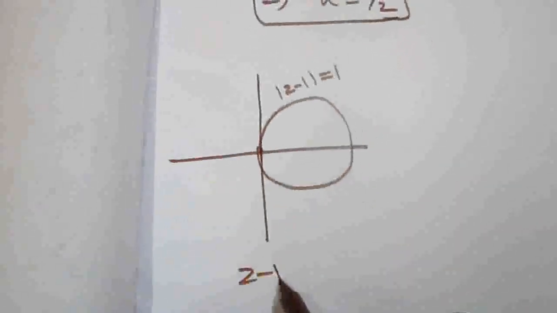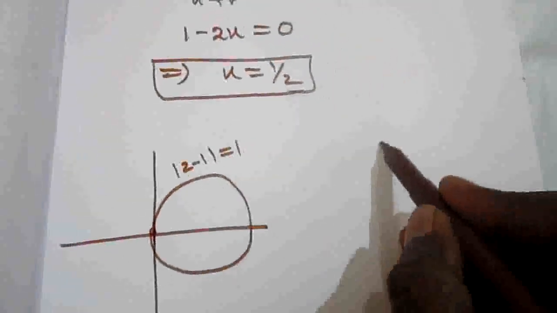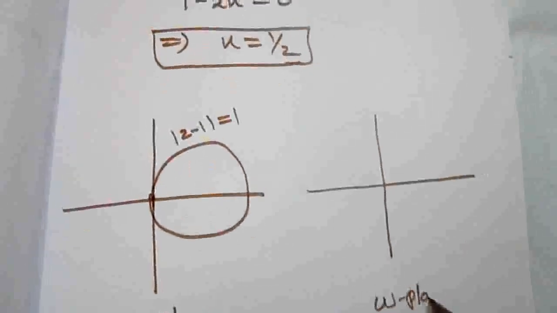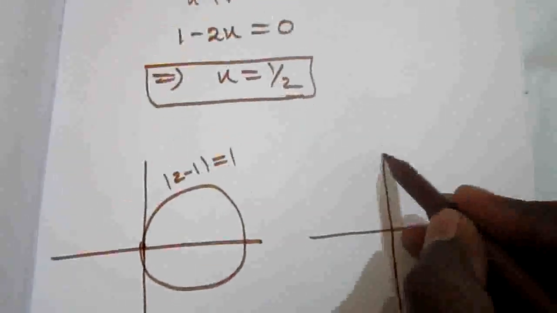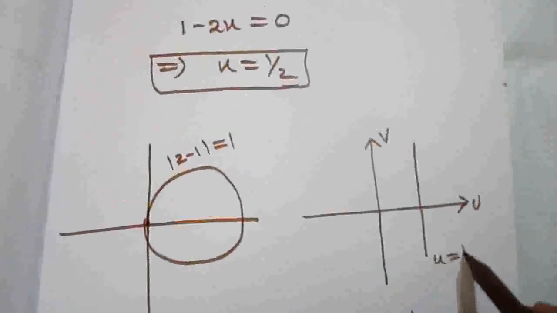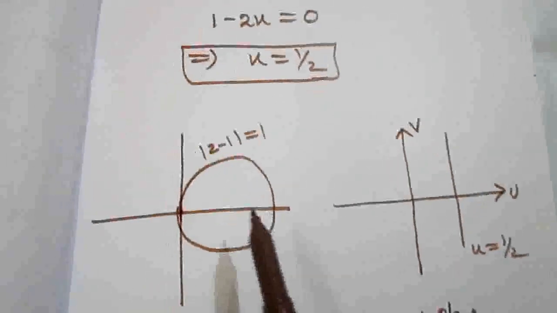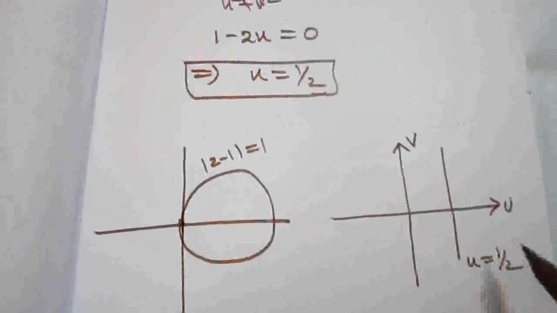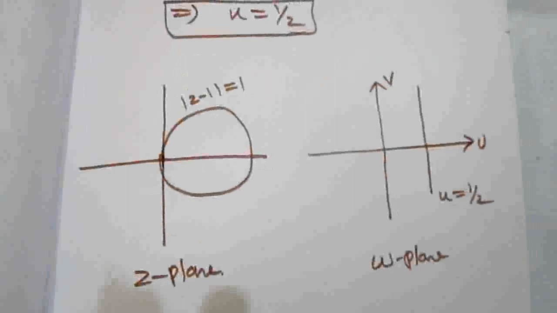It is mapped to u equal to 1 by 2 in the w plane. So in the w plane, this is u, this is v, and this is u equal to 1 by 2. So the given circle in the z plane is mapped to the straight line u equal to 1 by 2 in the w plane. This is the answer of the problem.